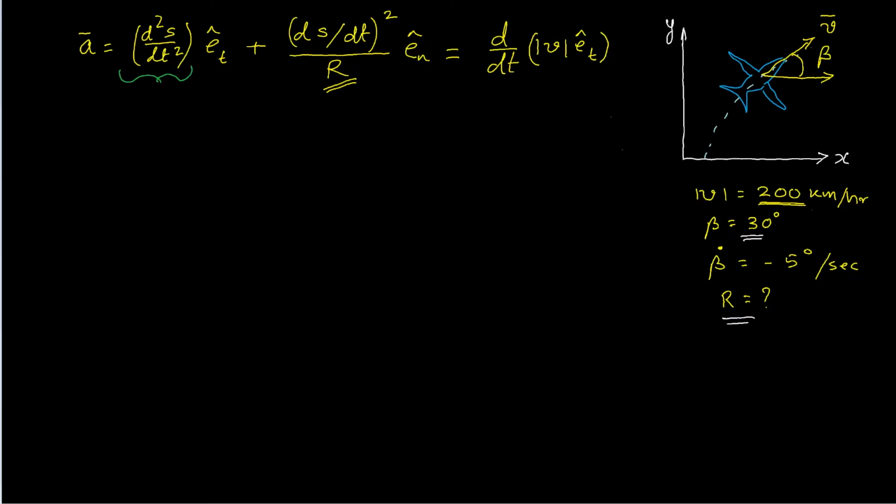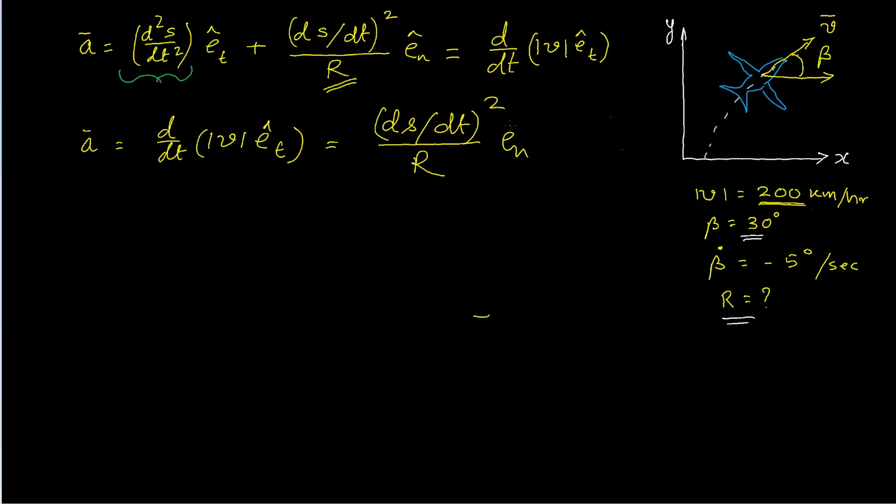That means we can simplify this equation to write A is nothing but d over dt of the magnitude of the velocity, that is the speed, times et, is equal to ds over dt squared over r, en.